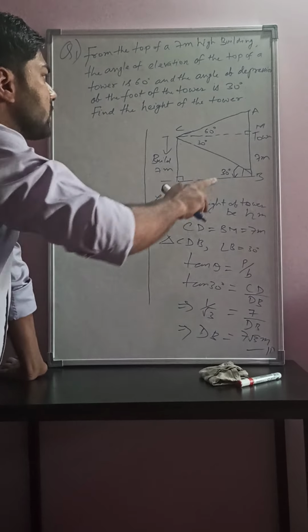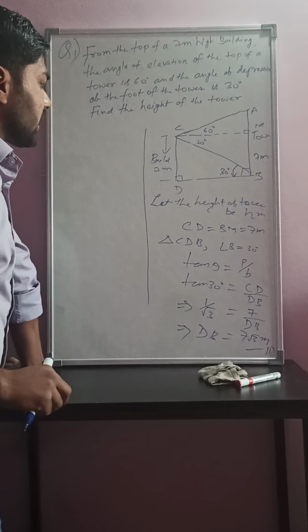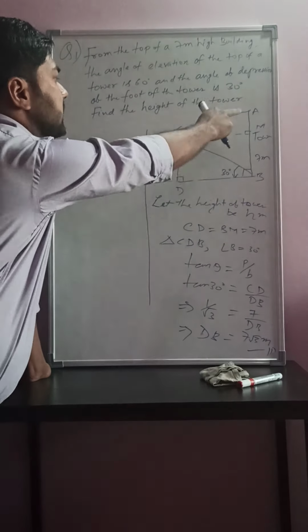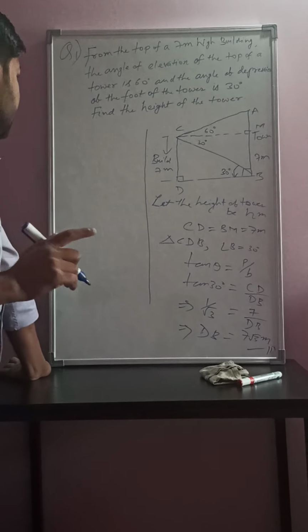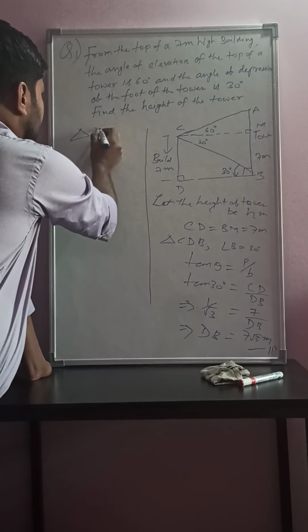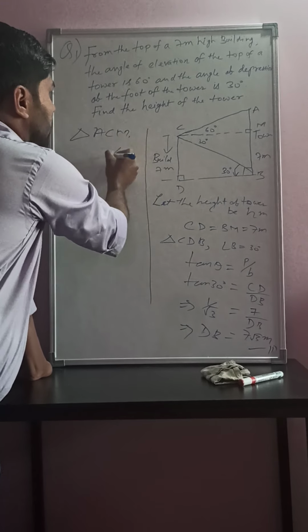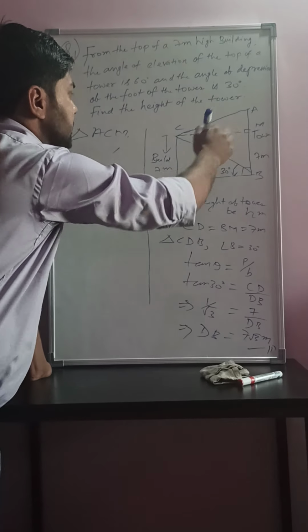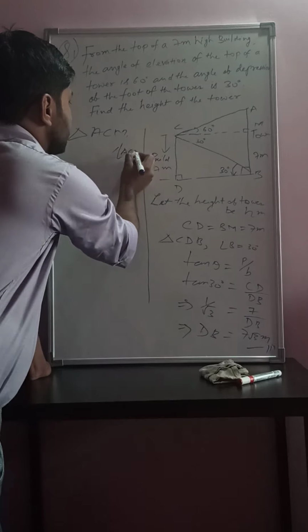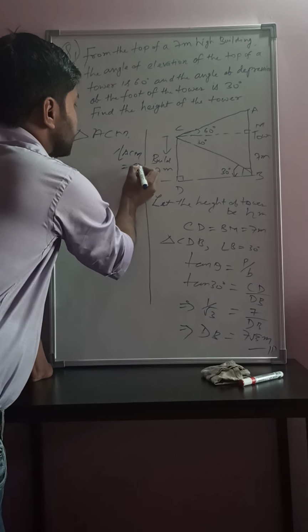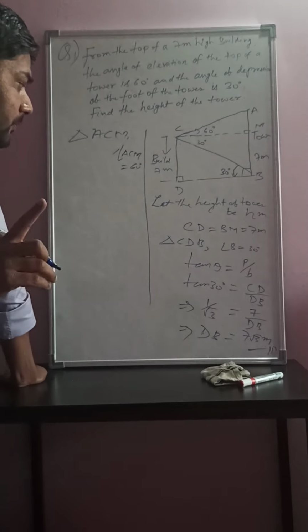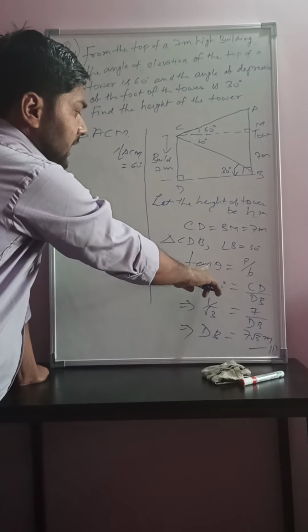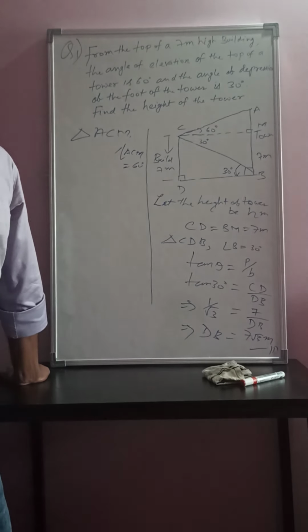Now I'm going to take the second triangle, triangle ACM. In triangle ACM, the angle ACM is equal to 60 degrees. I'm going to use the same formula, tan theta equals perpendicular by base.